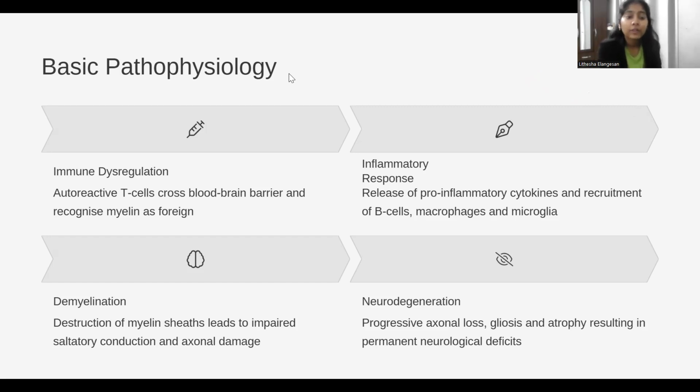Axonal loss occurs, where these axons will die, nerve cells will die. This will also cause gliosis, where glial cells, which protect the nerve cells, are formed in larger numbers, causing even more inflammation and atrophy, which is the reduction in mass of organs in your body. All of this will result in permanent neurological deficits.